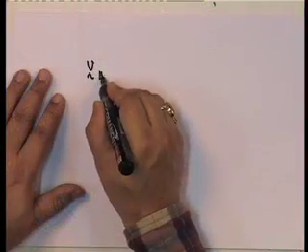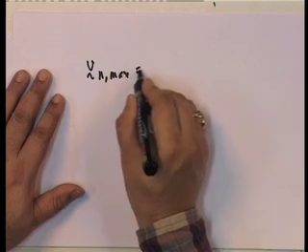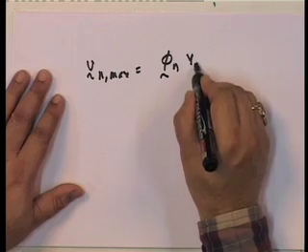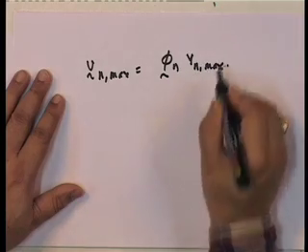Okay. Now, what does this mean in terms of V n max? What is V n max? V n max is nothing but the contribution of the nth mode to the displacement. So V n max is nothing but phi n into y n max. Okay.